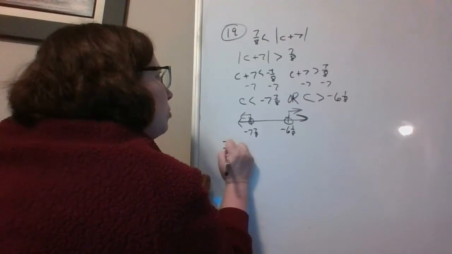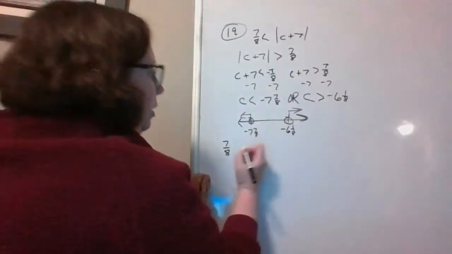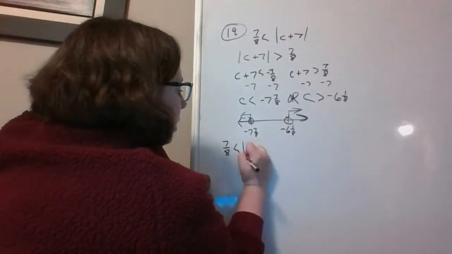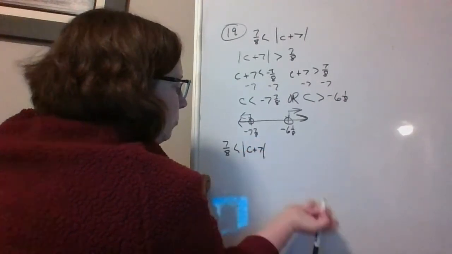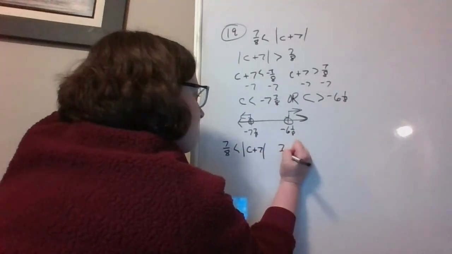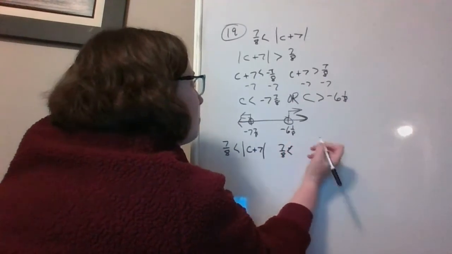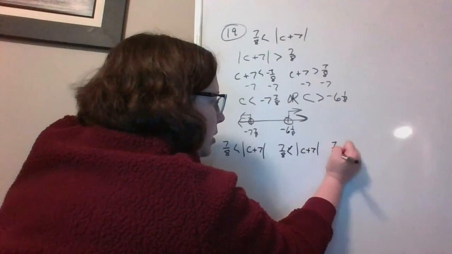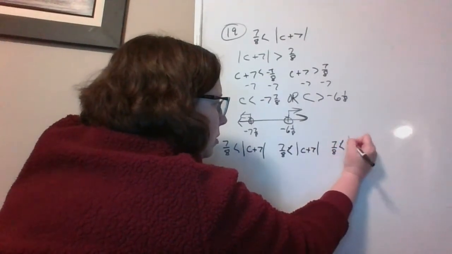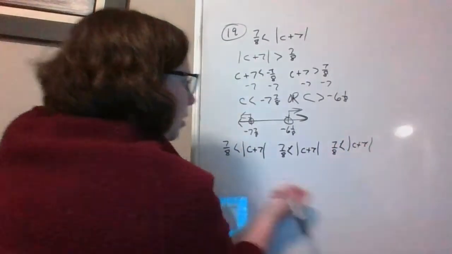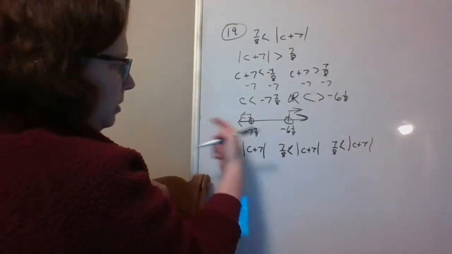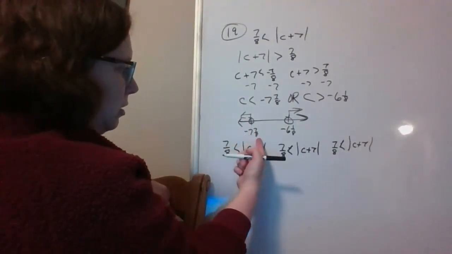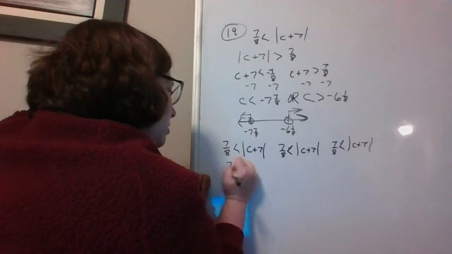So I'm going to go back to my very original before I changed anything, and I need to write it 3 times. And the first one, I want something that's less than negative 7 and 7/8.